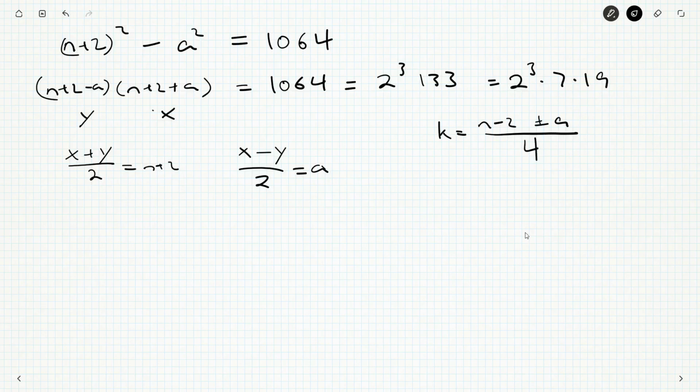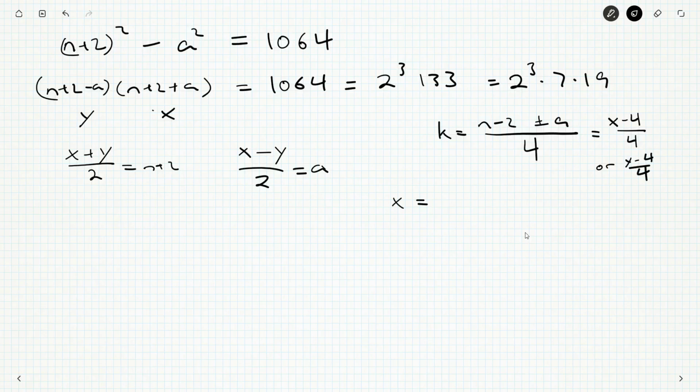Now, n minus 2 plus a, well, that's just going to be, so this is x minus 4 over 4, or it's y minus 4 over 4. But then we're looking for either x or y being a multiple of 4.